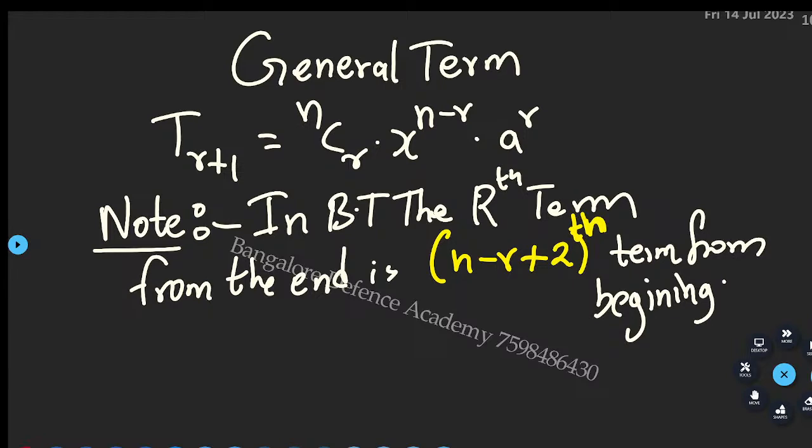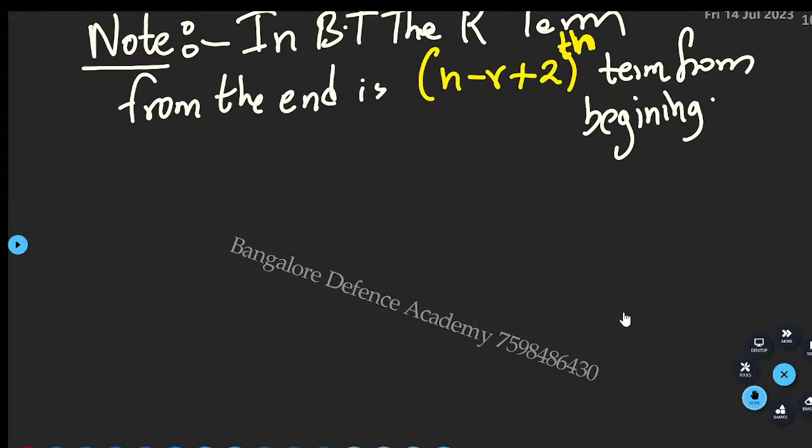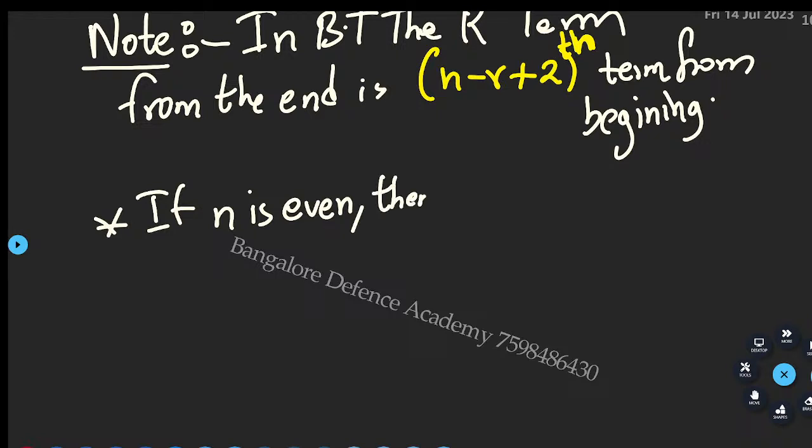Those who are not understanding, for the time being just copy down. Next important point: if n is even, then the n by 2 plus 1 term is the middle term.